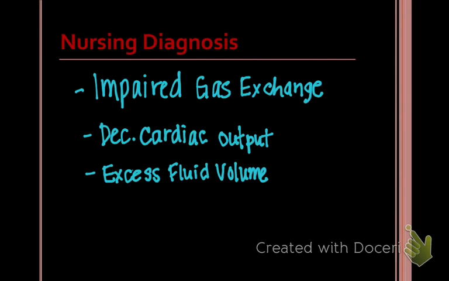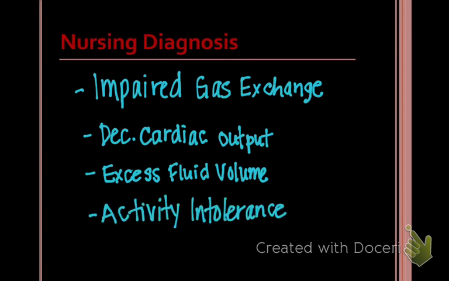Excess volume related to increased venous pressure and decreased renal perfusion, secondary to cardiac failure because of that RAS system, right? Activity intolerance related to imbalance between oxygen supply and demand.